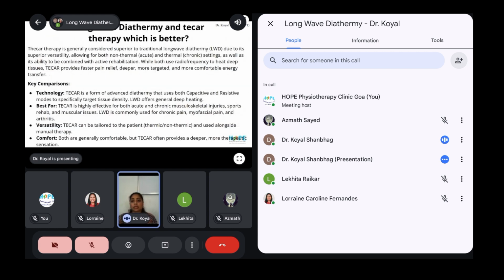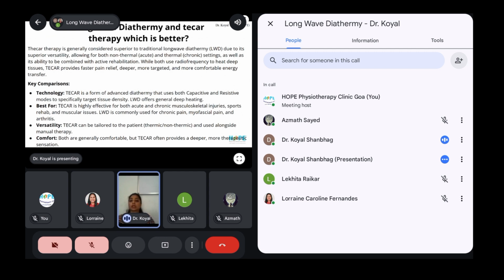There is one more therapy, TCAR therapy, that is now in the market, and I wanted to see the comparison between long-wave diathermy and TCAR therapy. So what is TCAR therapy? TCAR therapy is generally considered superior to traditional long-wave diathermy due to its versatility, allowing both non-thermal and thermal use, in acute and chronic settings, as well as its ability to be combined with active rehabilitation.